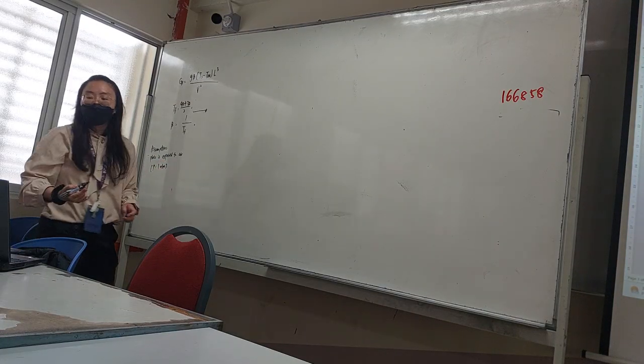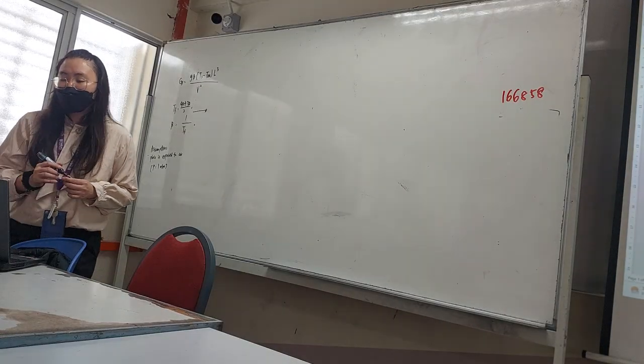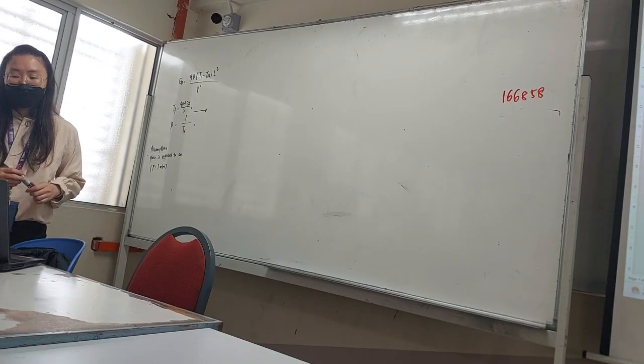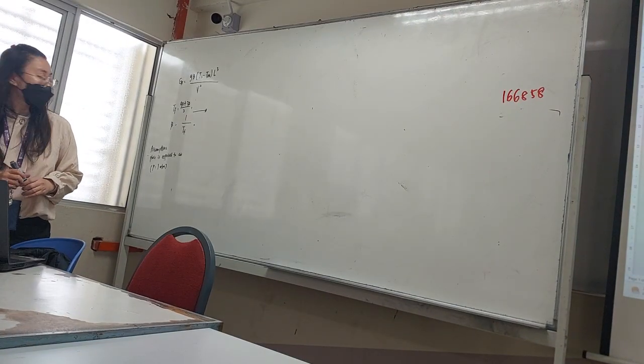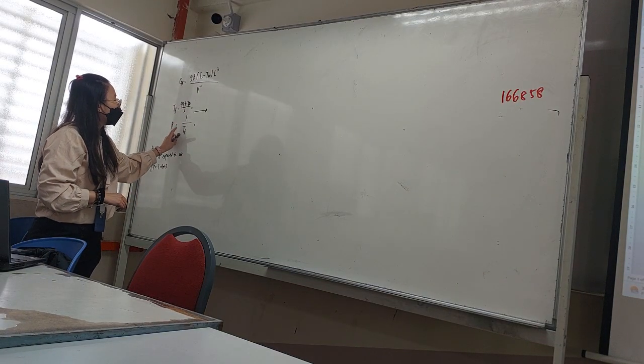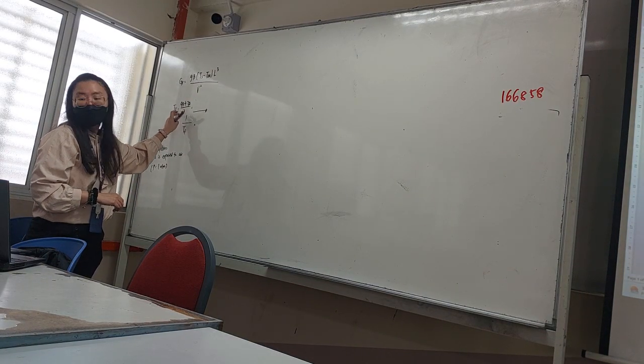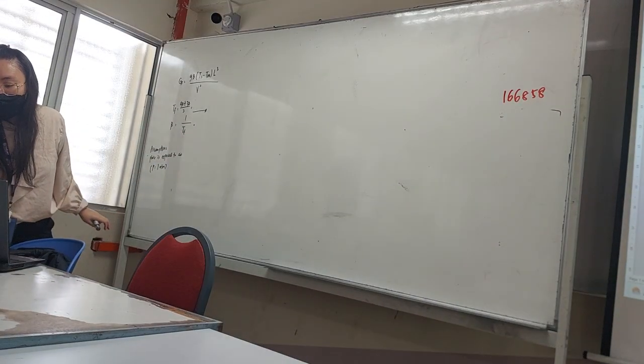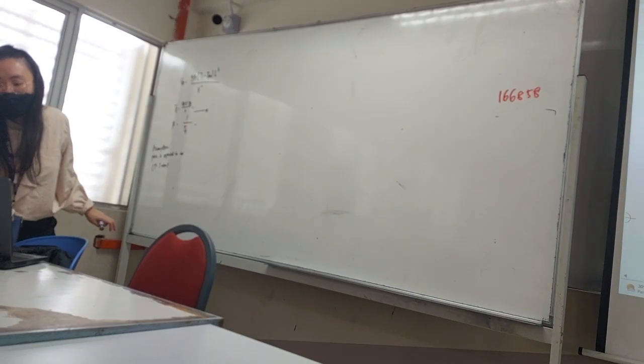Okay, so pressure of the air is at 1 atm. So you get this value already. So the film temperature, you refer to the properties of the air at 1 atm.